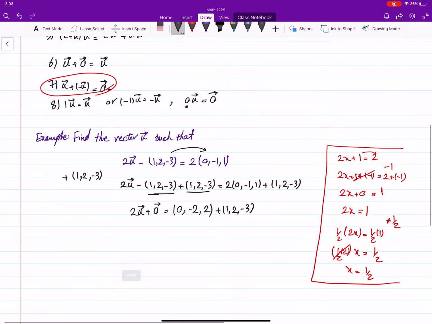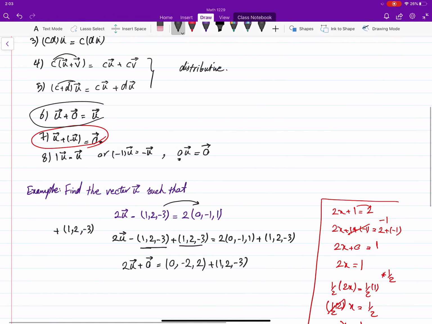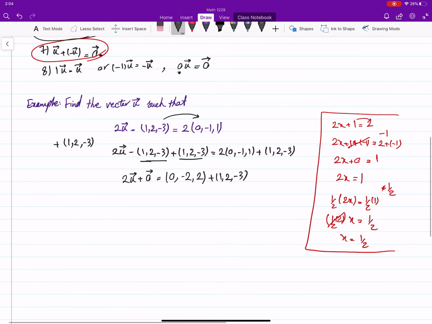Well, another thing is that you add a vector to the 0 vector, this is this property here, you get the same vector back. And the right hand side will go: 0 plus 1 is 1, -2 plus 0 is... -2 plus 2 is 0, 2 plus -3 is -1.